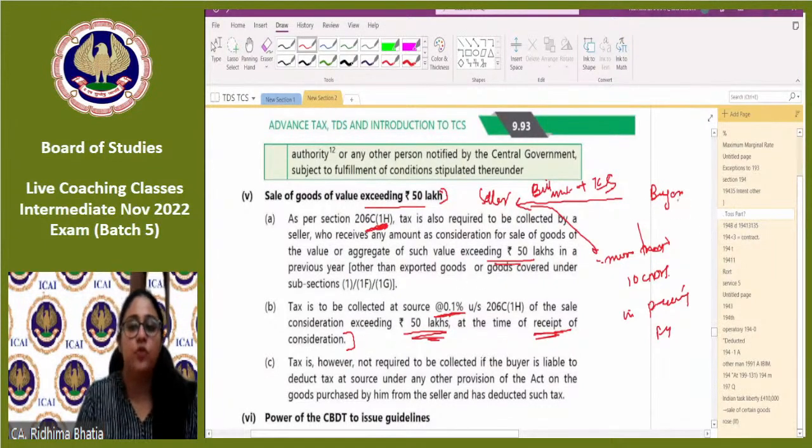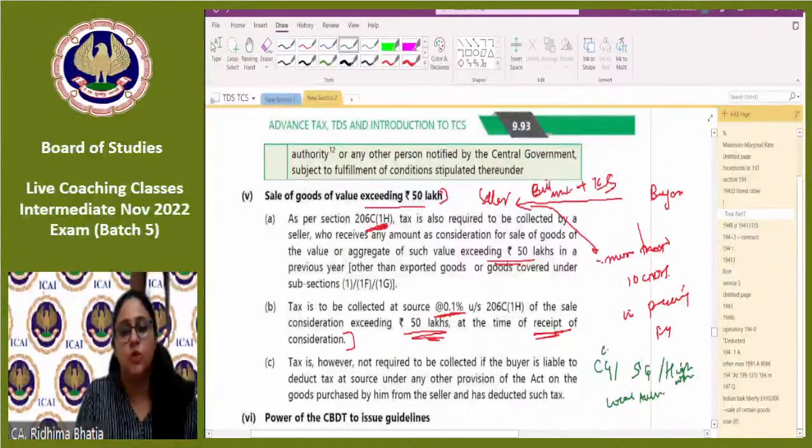And this would be collected from whom? Buyer can be any person other than central government, state government, high commission, local authorities, embassies, all of those things.